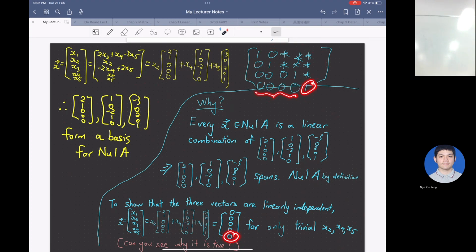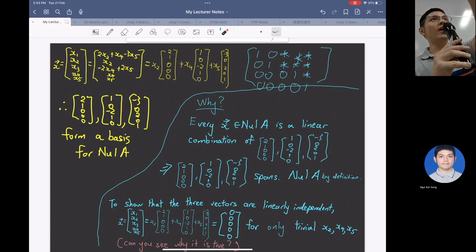The only thing you can do is put a zero here. Similarly for the others, you can apply the same argument: you can only put zero on this one so you only get zero on this row, and then on this row, and so on. So the solution is trivial, because every entry to the right of the pivot is zero. This is due to the reduced row echelon form.